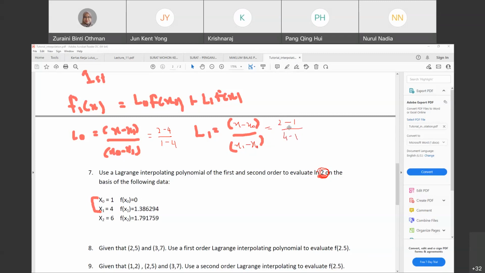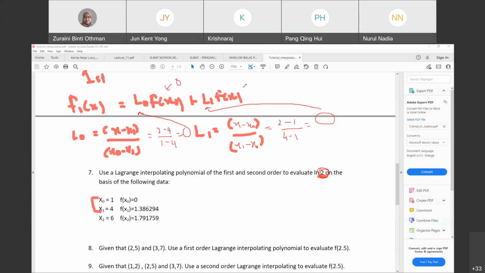So kita dah dapat L ni, nanti nilai L ni kamu dah dapat. Nilai L yang ini pun kamu dah dapat. Gantikan dekat tempat L0, gantikan dekat tempat L1. Lagrange is quite simple. Okay. Cuma nak ingatkan yang ni je lah, L0, L1 ni. Okay, so fx0, fx1 ni gantilah. fx0 ialah kosong, kosong gantikan di sini.